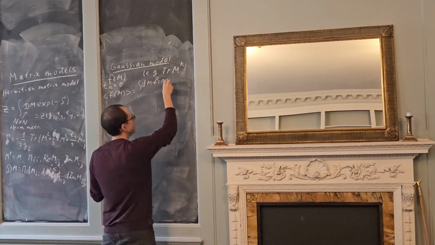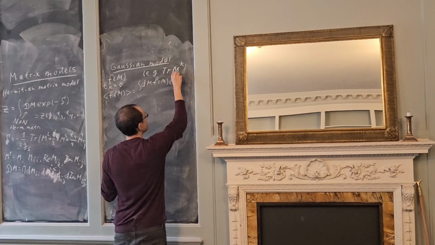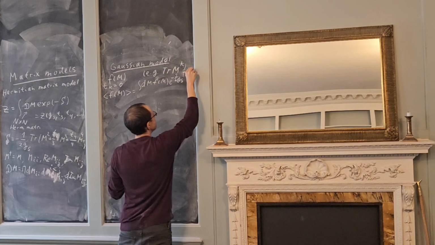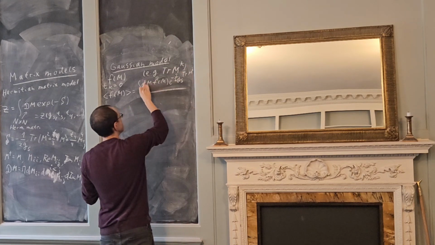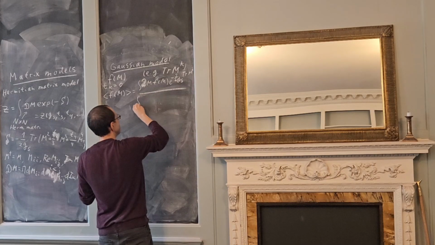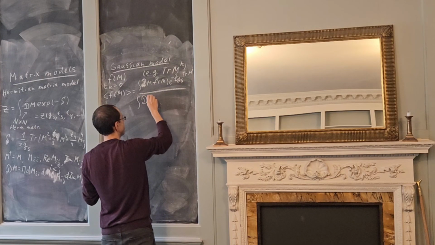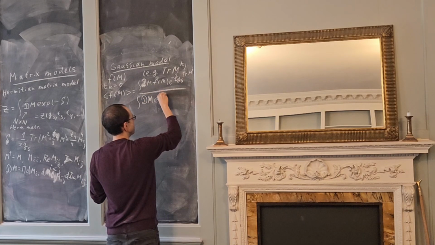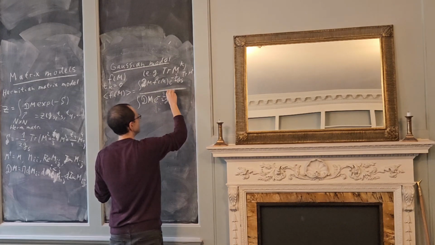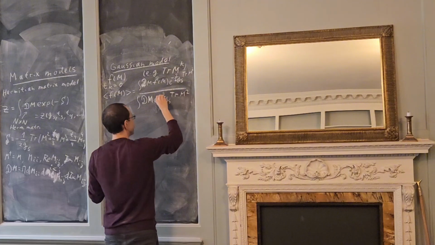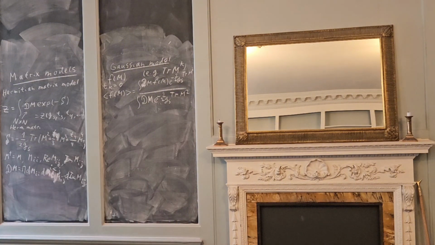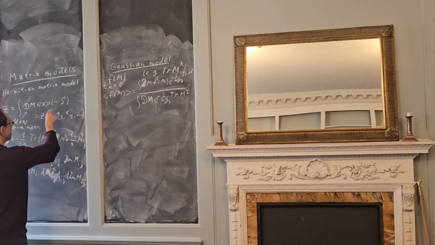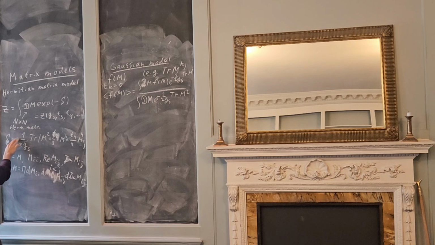So then this will be the integral dM f of M e to the minus 1 over 2 g_s trace M squared, divided by the integral dM without f of M. Oh, you have an extra minus in the action. Ah, yes, sorry. Yeah, thanks. That's a good point.